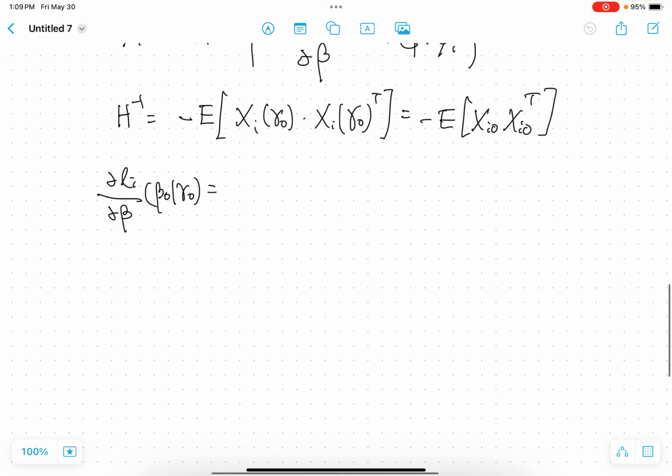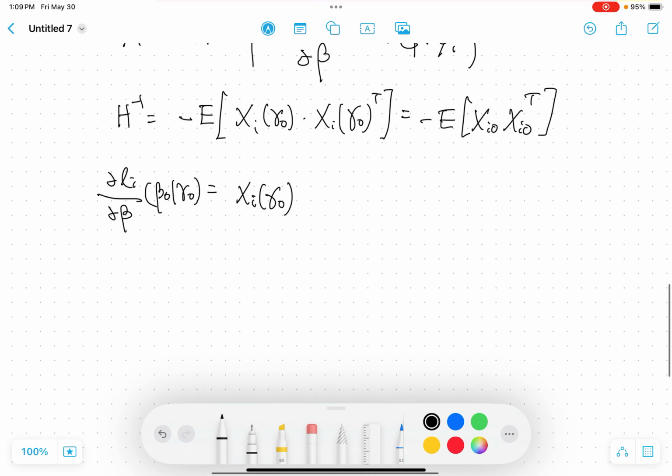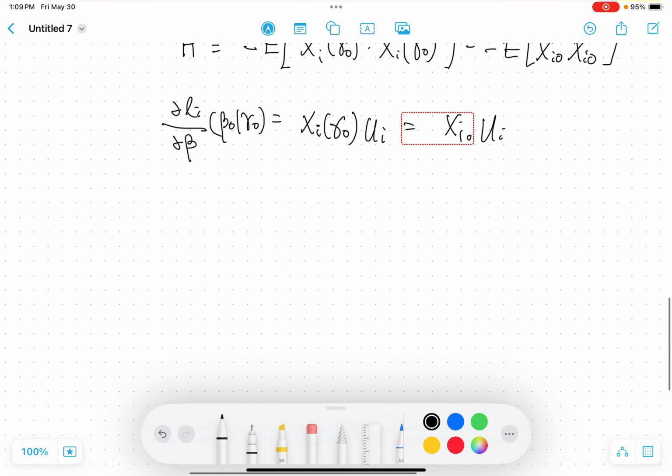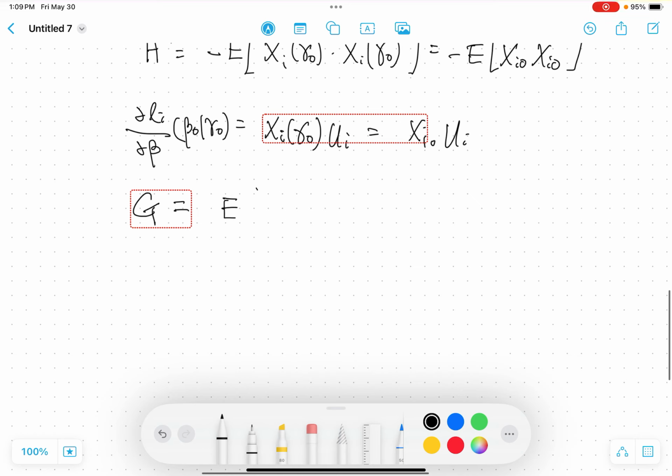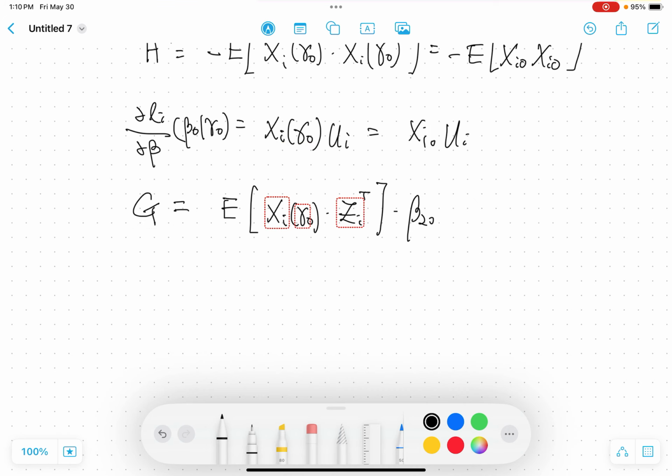So here it is xi gamma 0 times ui, right? Which we again write in simplified notation. And G was expectation of xi gamma 0 times zi transpose times beta 2 0. Double check.